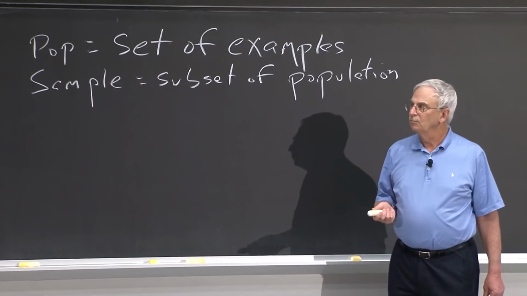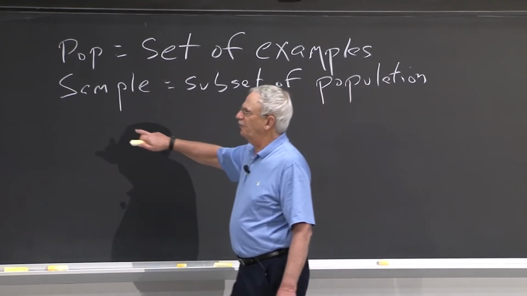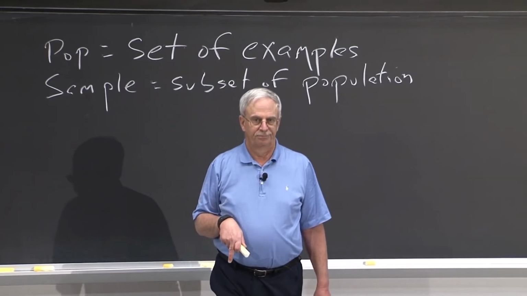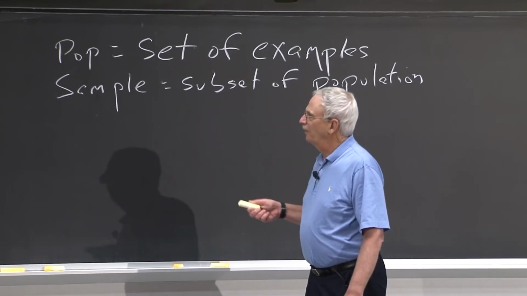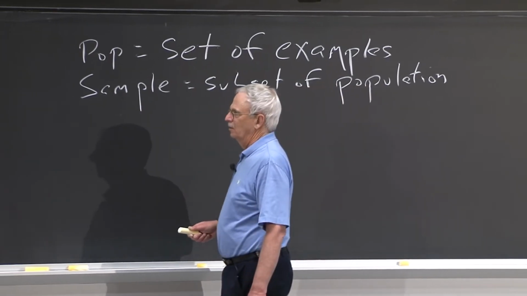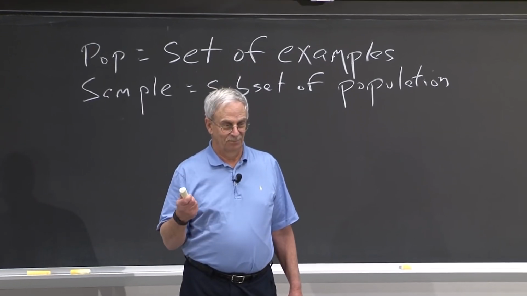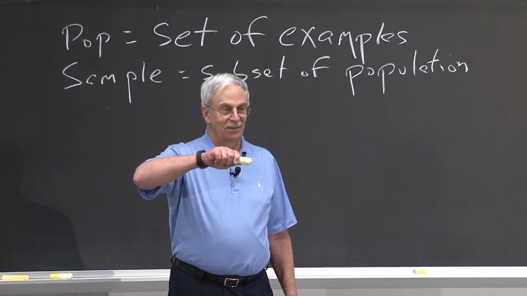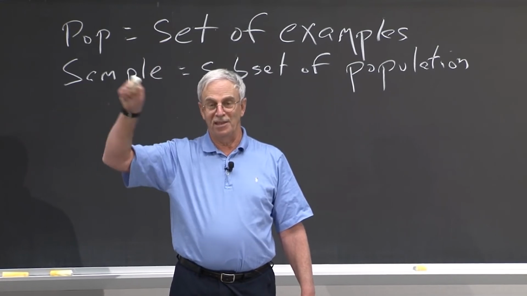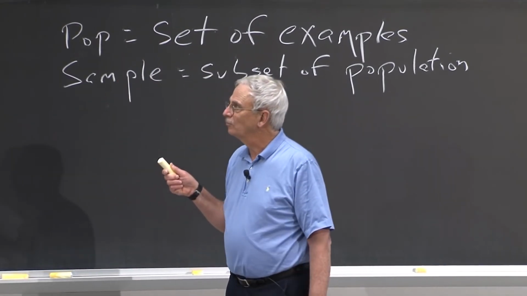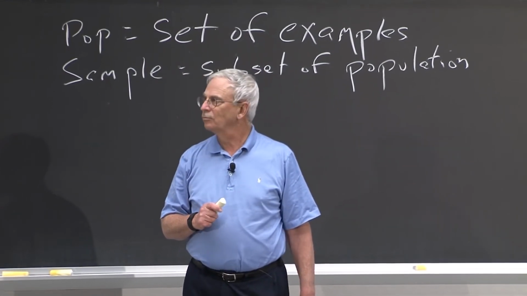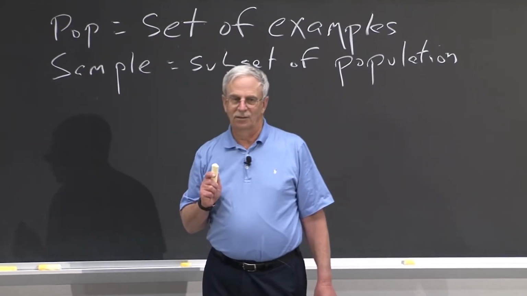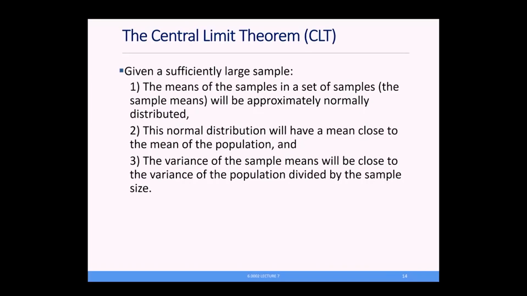Typically. If this set is sufficiently large, certainly 1 is not sufficiently large, then it will be the case that the mean of the means, so I take the mean of each sample, and then I can plot all of those means, or take the mean of those, right? And they'll be normally distributed. Furthermore, this distribution will have a mean that is close to the mean of the population.